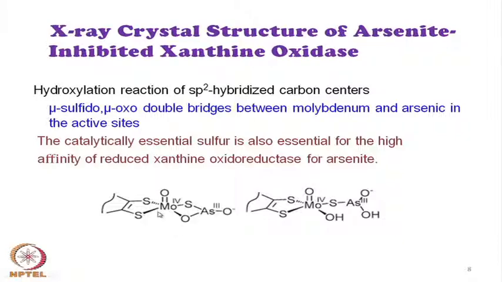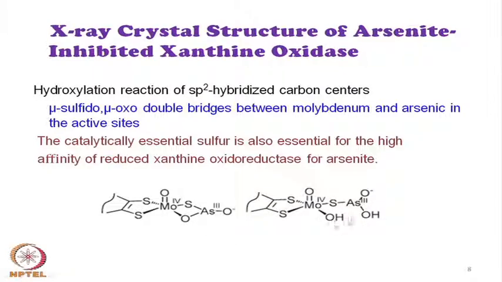So, it is basically a system based on that metalloenzyme, but it is a molybdenum arsenic dimeric form. That dimeric form we are getting is due to the establishment of molybdenum and arsenic between these two. And this is one particular form, and this is what we have seen in the other form.